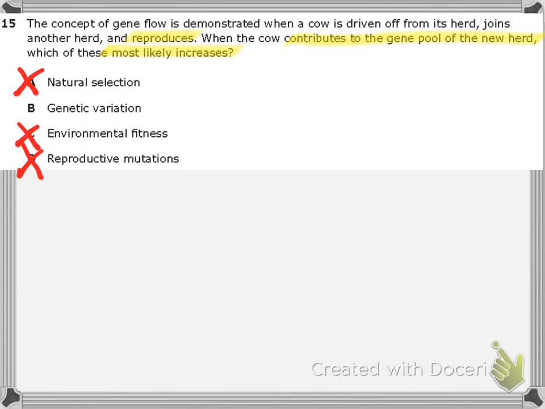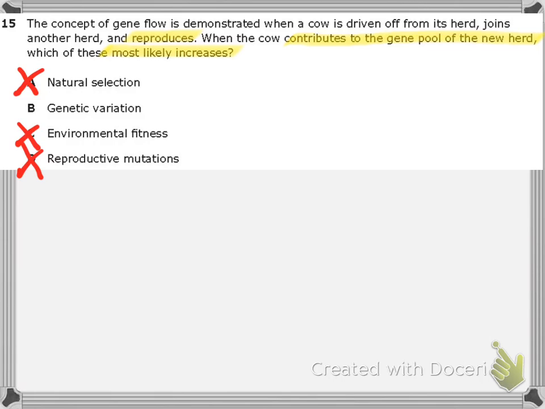When the cow contributes to the gene pool of the new herd, which of these most likely increases? Why would natural selection increase when it reproduces in the new herd? Just because it's our fancy science word, natural selection, doesn't mean it's the answer. It's not going to increase or decrease at all. Natural selection is natural selection.